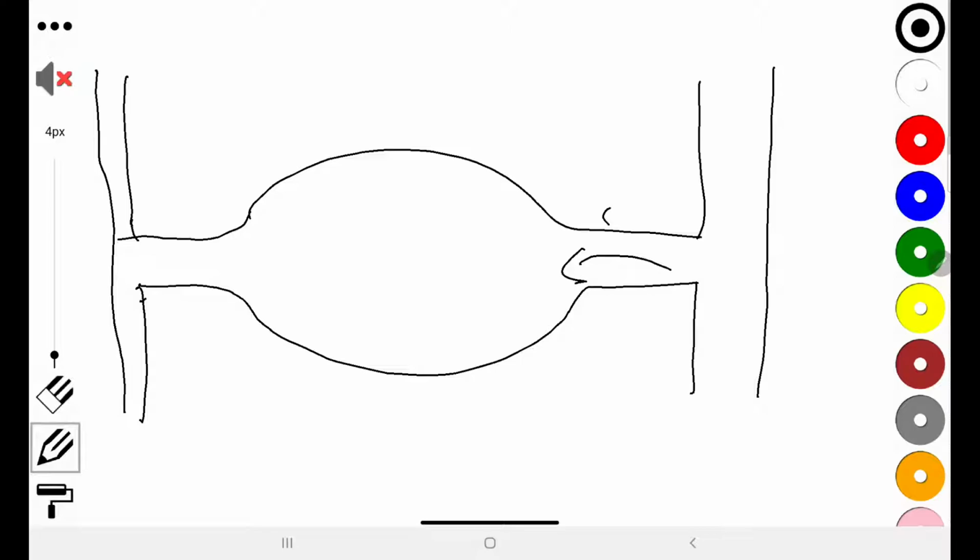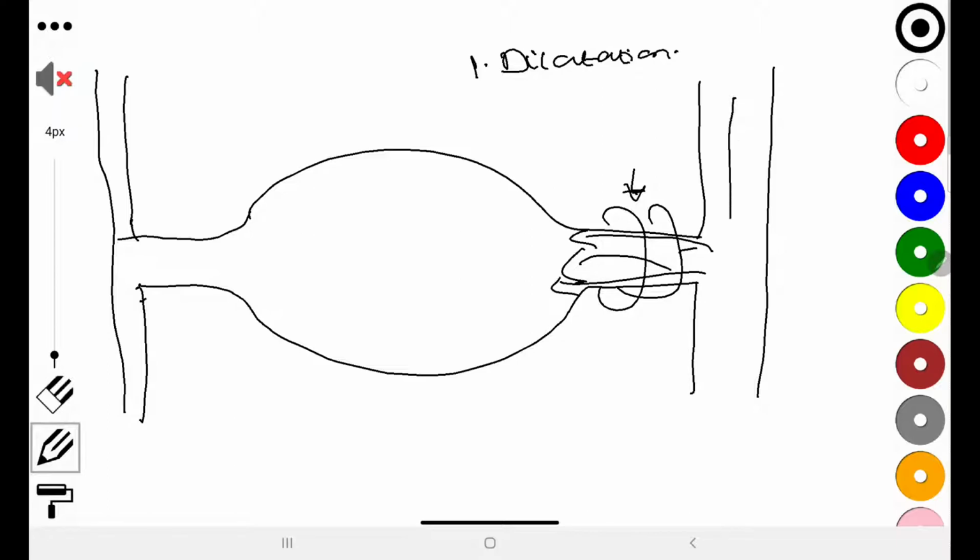This may happen, one, because there is dilatation going on here on the arterial end. So we find that there is more of the blood that is being pushed into here.